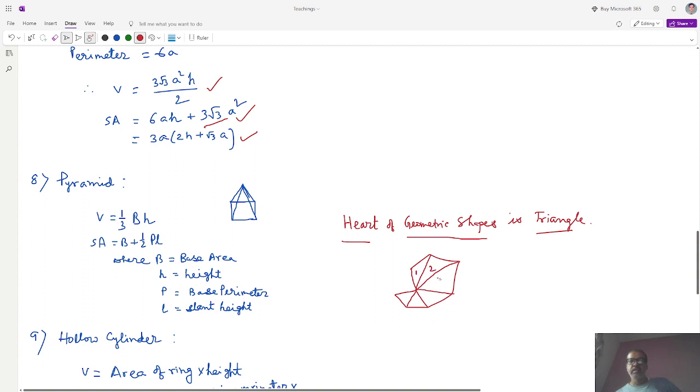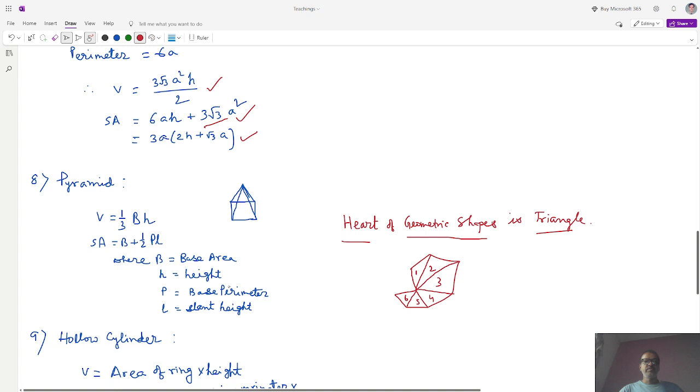In this figure there are six triangles, so if we find the area of each triangle and add them, then we get the area of the shape. Therefore, triangle is known as the heart of geometric shapes.